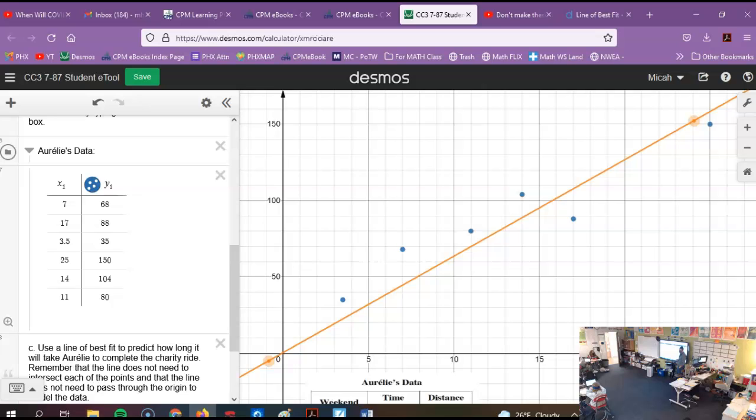The label of your slope always comes from the y over the x. Your slope was literally y over x. Right? That's what we did. We did change in y over change in x. Your slope is y over x. It should have those labels. So here, it's 6.5. The slope is 6.5.